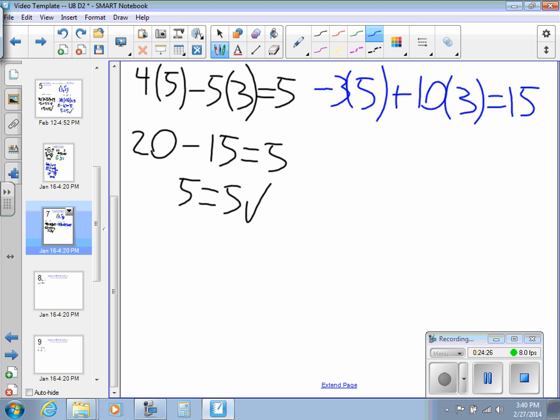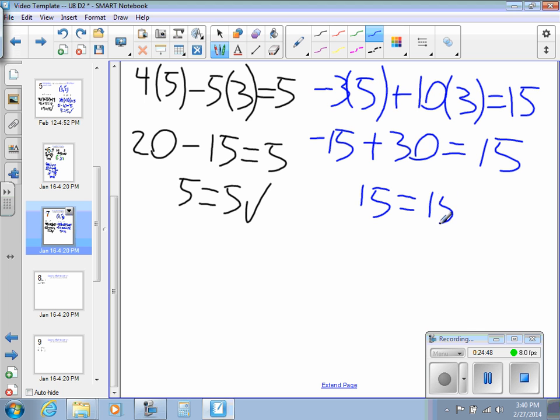Now let's try this one. Negative 3 times 5, negative 15. And 3 times 10 is 30. Plus 15. Okay, negative 15 plus 30, or 30 minus 15, is 15. And 15 equals 15. This one checks as well.